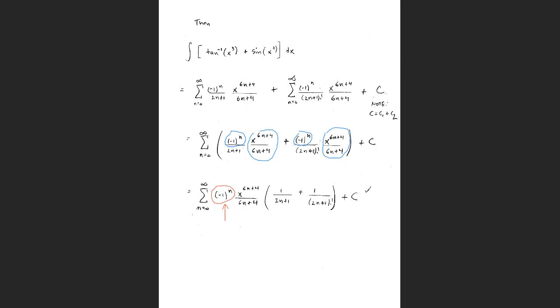If you have an alternating series and you're trying to estimate, that's right, Nathan, the alternating series estimation theorem. And so we're going to use that to help us. Remember, our definite integral, we want to estimate correct to within 5 decimal places. So we're going to use the alternating series estimation theorem.